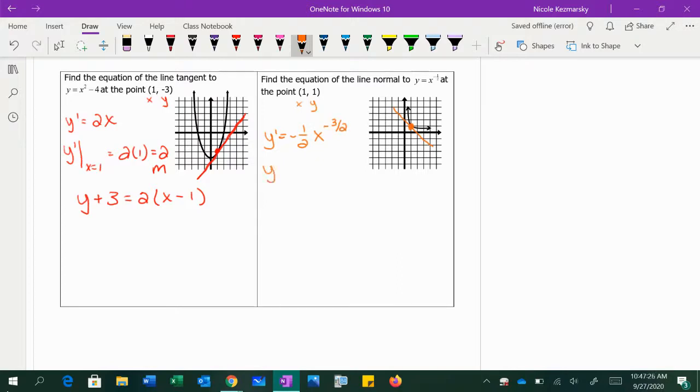We're going to say y prime equals negative 1 over 2x to the 3/2. And we're going to plug in 1. So y prime at x equals 1, and get negative 1 over 2 times 1 to the 3/2, which is going to give us negative 1/2. And so we've got all our pieces. We're going to say y minus 1 equals negative 1/2 times x minus 1.